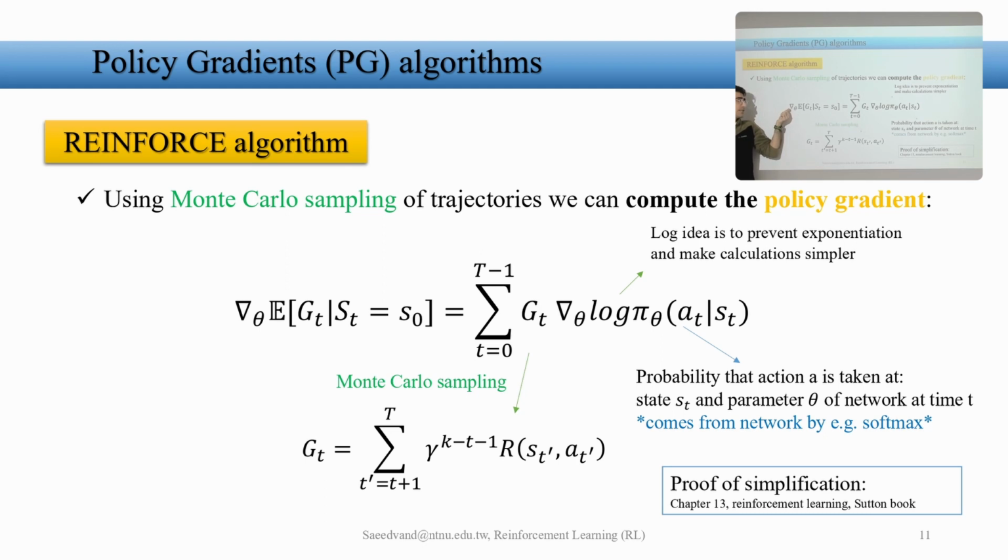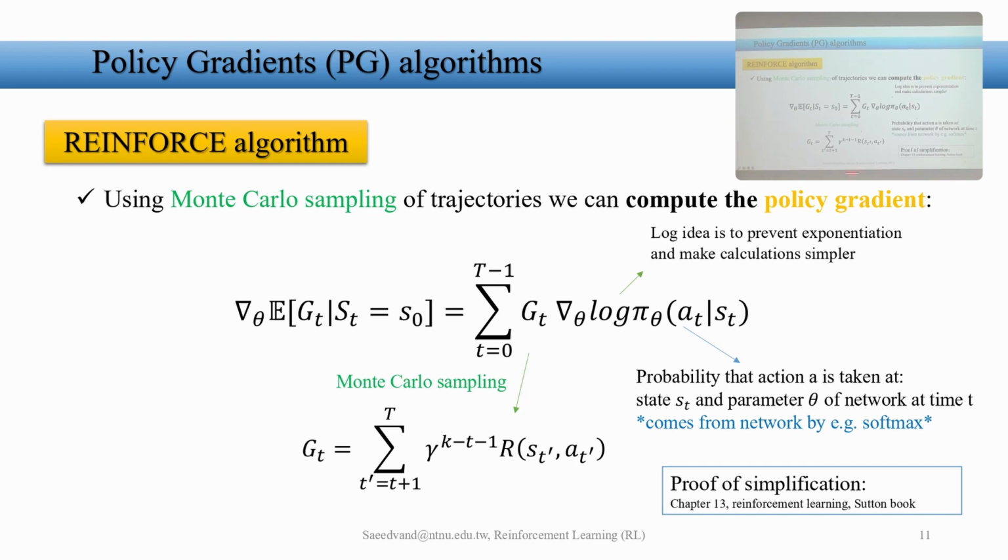We are calculating the gradient of the parameter theta of the network again. That is expected G_t. G_t was the return. If you remember, we've seen how to calculate the return. But G_t, I stated over here, is equal to the sum over the trajectory that we have of the discounted reward of the next state and action.